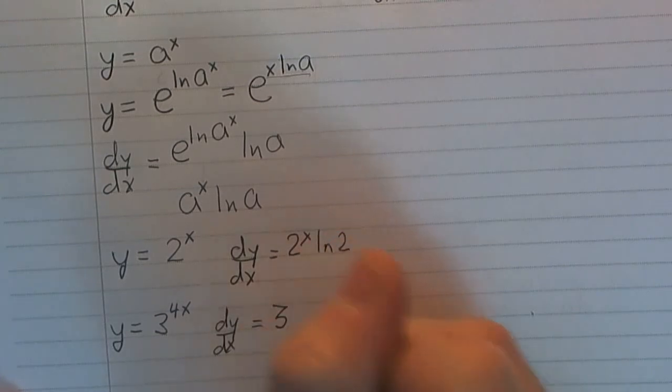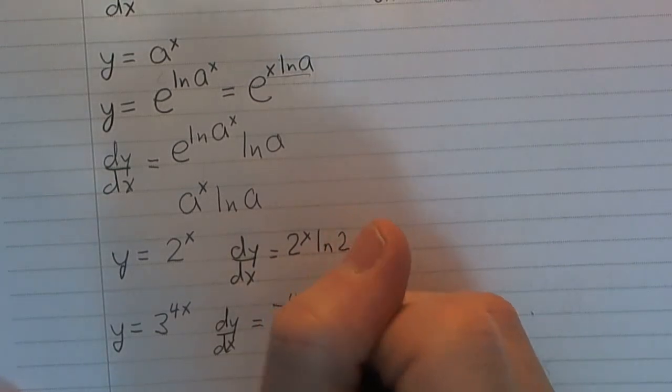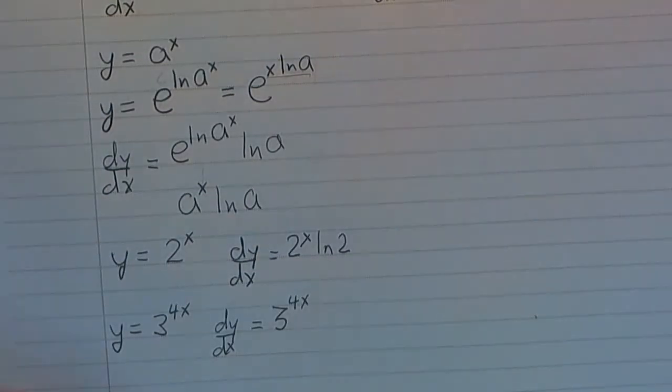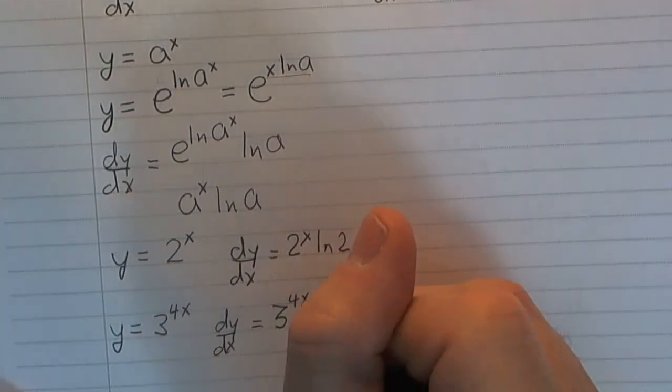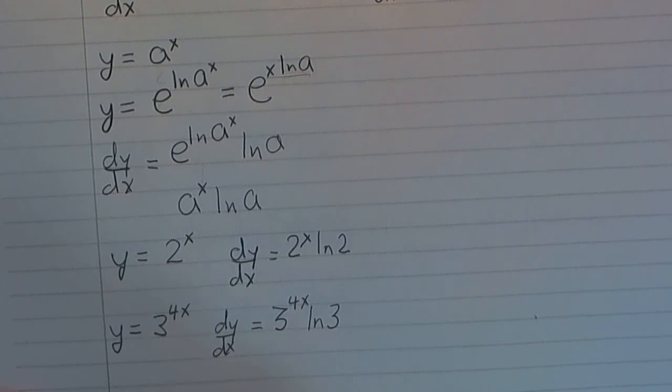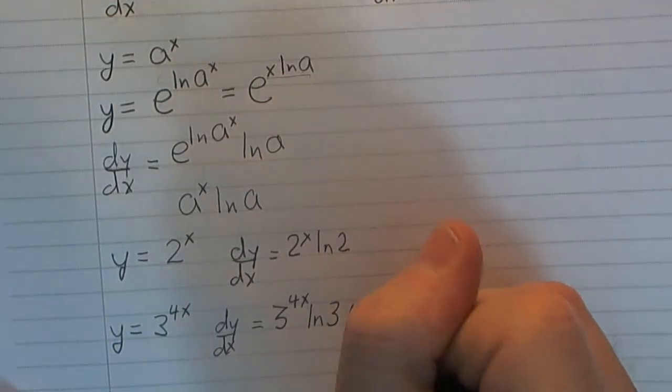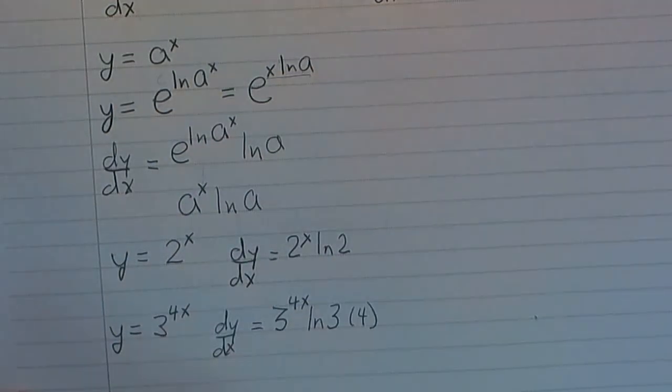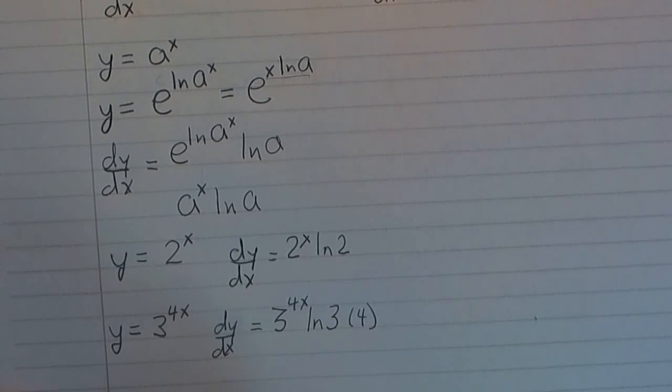The first thing I do is just rewrite the function, because that's the first part of the derivative. Then I have to remember, okay, I need to tack on the natural log of the base. But I'm not done yet, because I've got to remember the chain rule. I've got to differentiate the top. So this is times 4. There. Now that's the derivative.